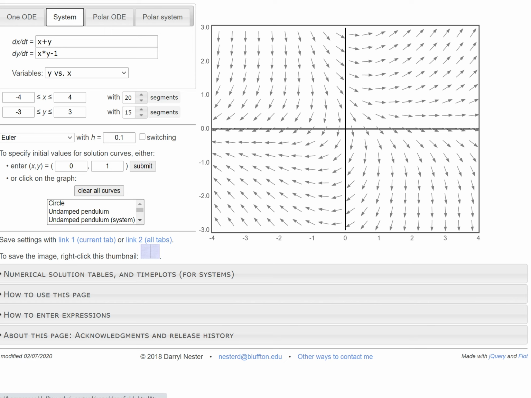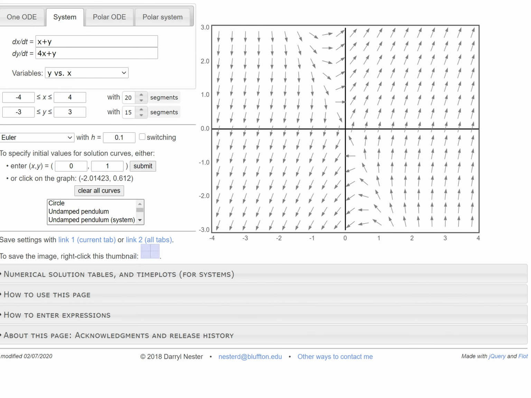And let's enter our system. The system we started with was x prime is x plus y, and our second equation y prime is 4x plus y. This will create our direction field for us.